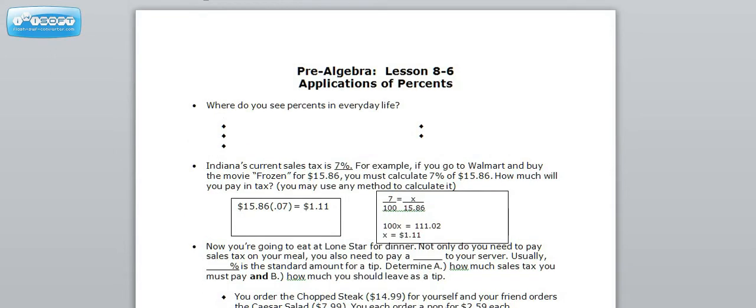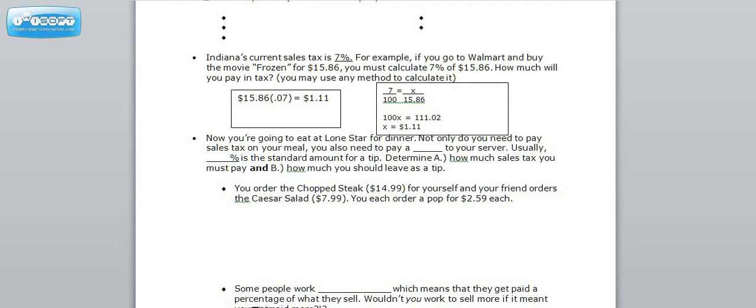And I've shown you both methods there. Here's your equation method. Here's my 7% of 1586 is $1.11, or 7% of 1586 is the part that I don't know. And either way you work it, you get $1.11.